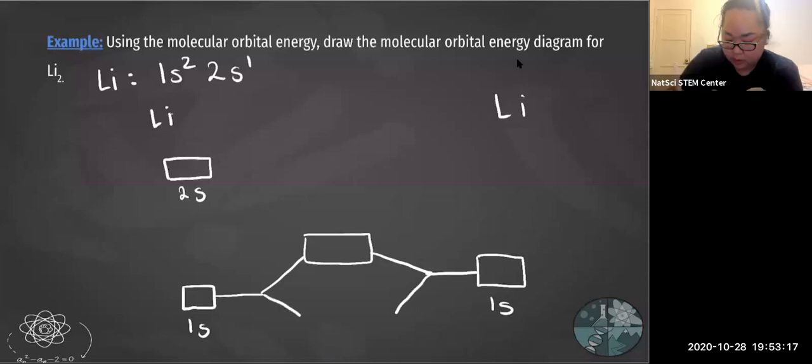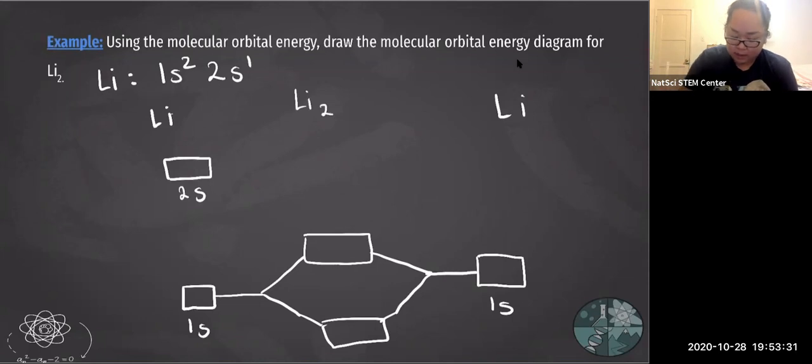The reason why I'm drawing them like this is because in the middle you have your Li2 bond. And in this case, you have your 1s and your 1s on each side, but with your s, you also have an antibond. Your antibond, you'll have a sigma. So this is sigma star 1s, and this is sigma 1s.